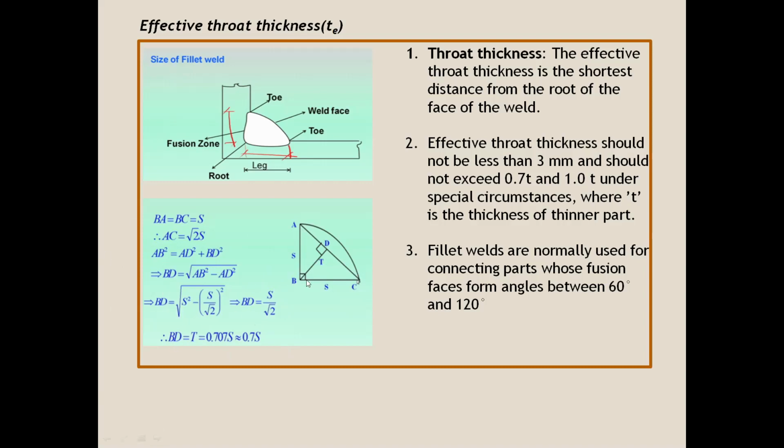Finally, the value T equals 0.7 capital S. This is the throat thickness formula. To calculate the throat thickness, T equals 0.7 S. This is the effective throat thickness calculation procedure for fillet weld.